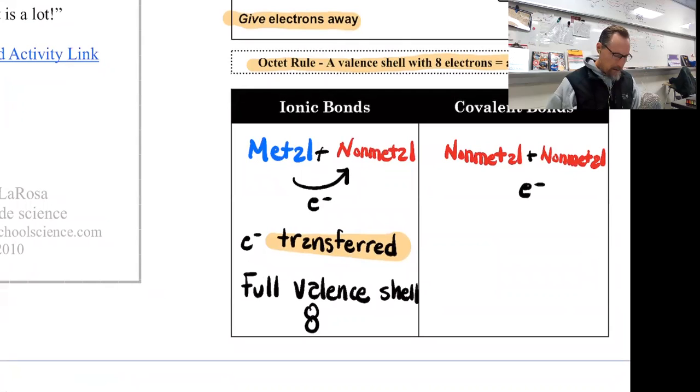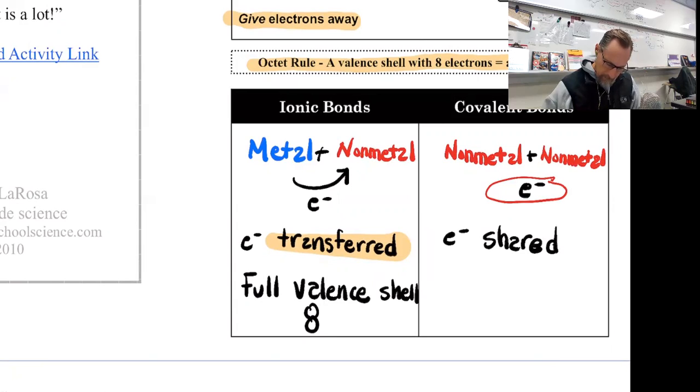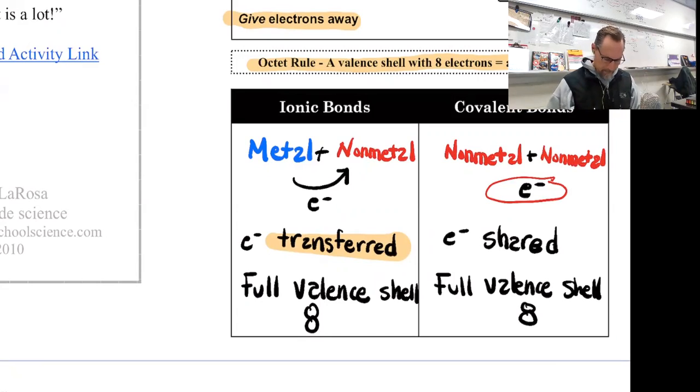And instead of using an arrow to show that, I'm going to put a circle around it, because instead of transferring, they share electrons. So they have shared electrons, but the goal is the same, to get that full valence shell. So it'll be 8 and stable, okay?